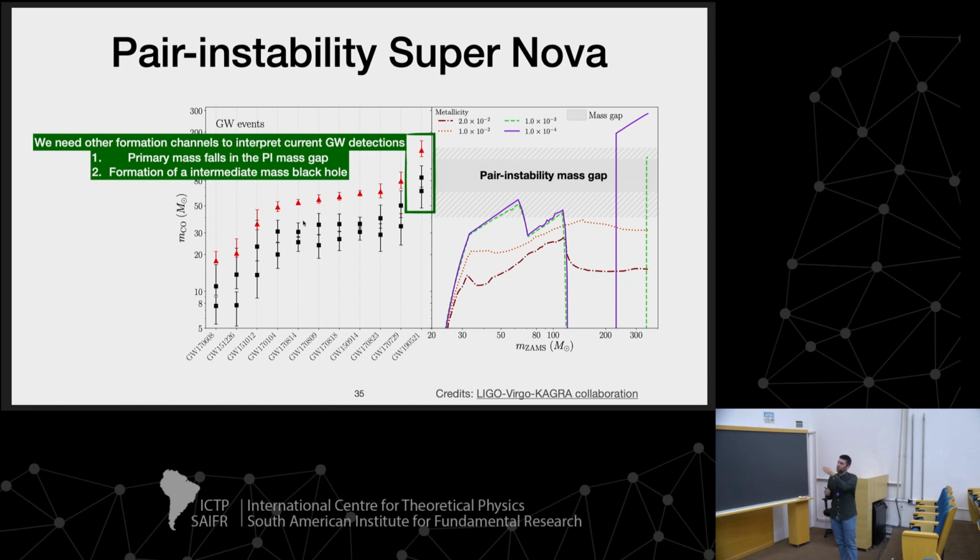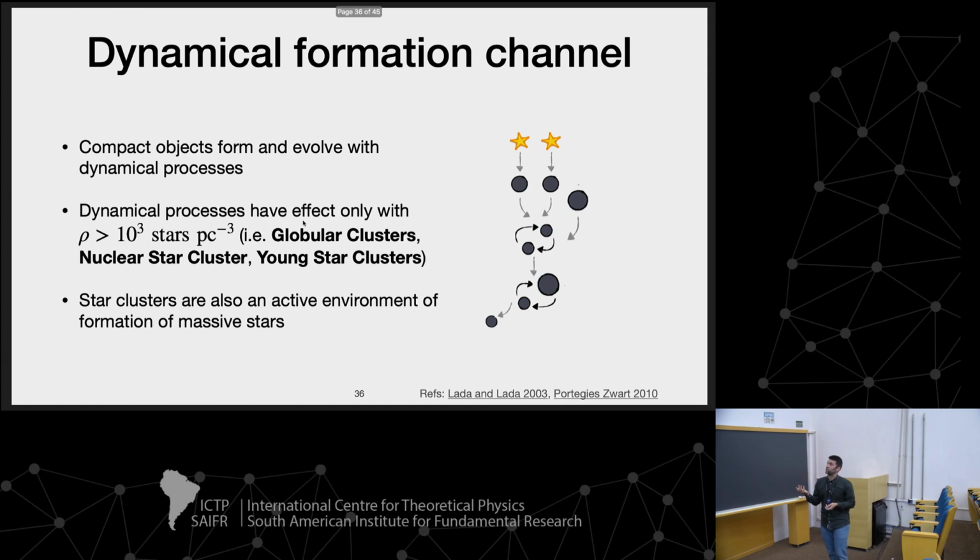This was a striking event, because it puzzled us a lot. And just to explain this single event, we needed to take into account another formation channel. This is the dynamical formation channel, where we also take into account interactions. I will be very quick, because Alessandro is going to talk about it extensively next week.